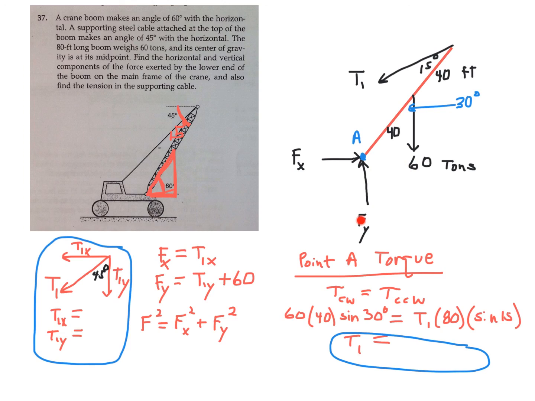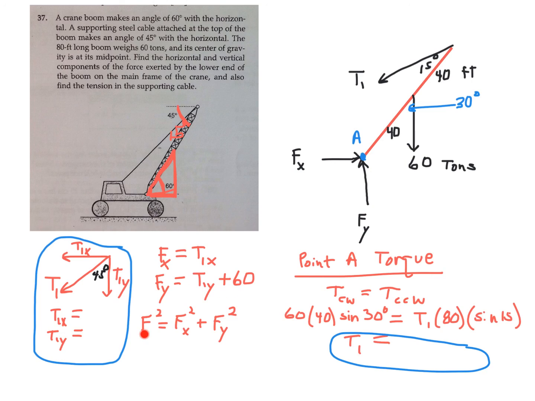So Fy, up, vertically, is equal to the sum of the two downward forces to get the translational equilibrium. That has to equal the sum of the 60 plus the y component of T1, which is also down, which will add to the 60. So it's going to be like 70 or 80 or 90 tons, somewhere in there, depending on what T1y is. So Fy, up, equals the sum of the two down forces to get your translational equilibrium.